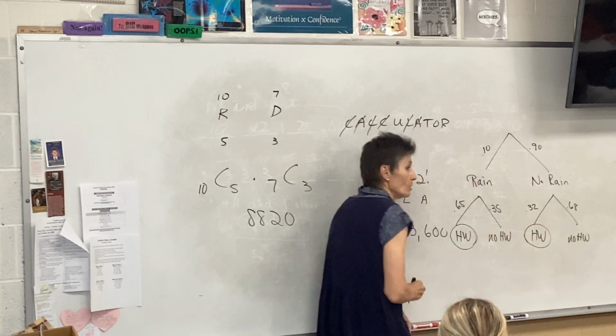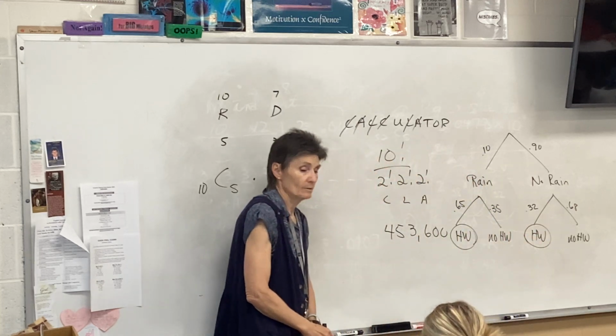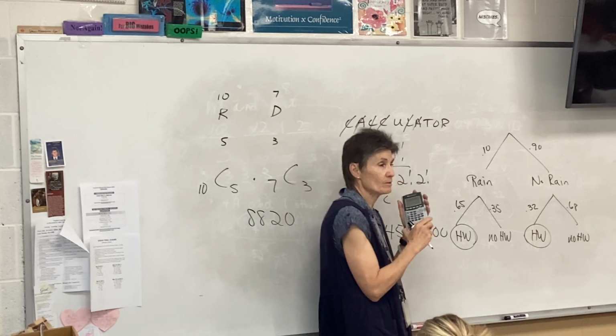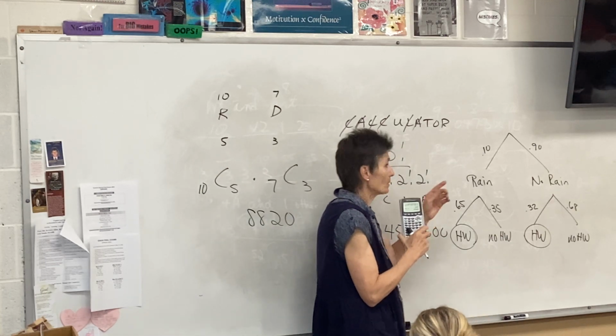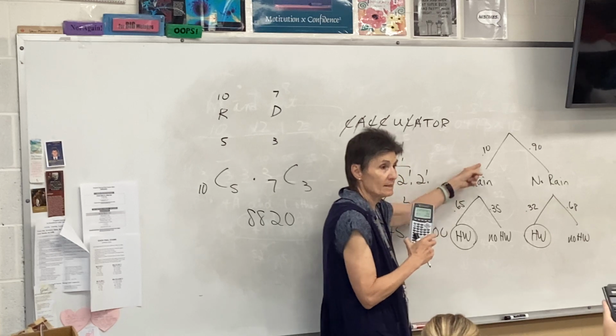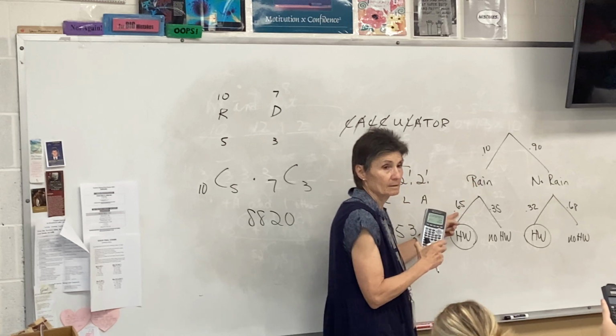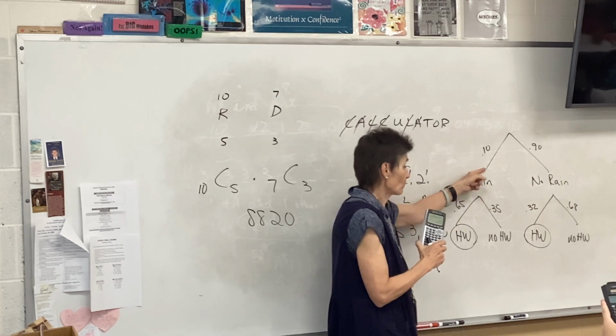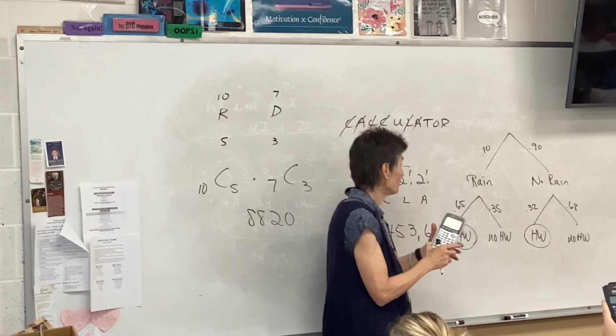And we want to find the total probability that he does his homework. So what do we do? We get our calculators. So 10 and 65. Multiply these. Everybody multiplying. Rain and homework, we multiply.